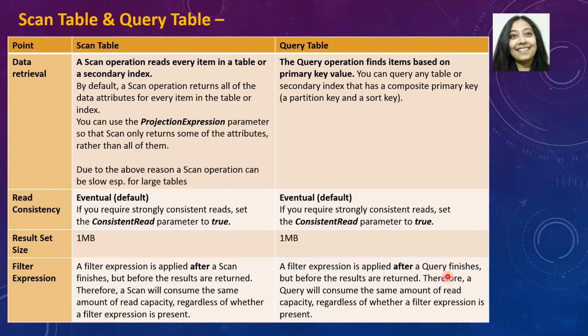And then after applying the filter expression, the results are returned to the user or the caller. Therefore, a query will consume the same amount of read capacity regardless of whether the filter expression is present or not. That is because it first gets your items which match your primary key value, and then it applies the filter expression on that.